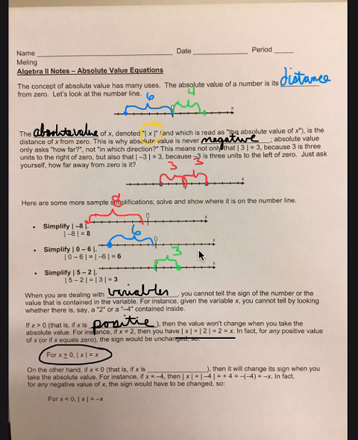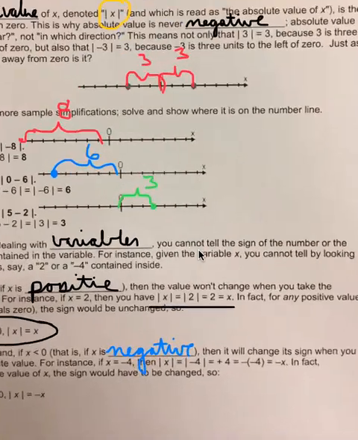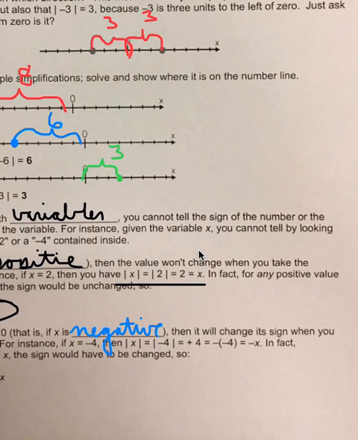On the other hand, if x is less than 0, or negative, then it will change its sign when you take the absolute value. For example, if x equals -4, then the absolute value of x equals the absolute value of -4, which is +4, which equals the opposite of -4, so it's actually the opposite of x.